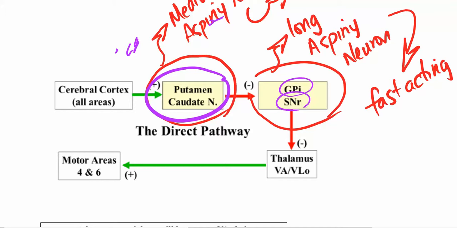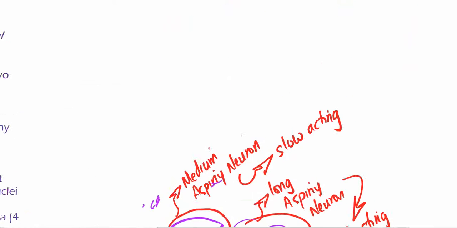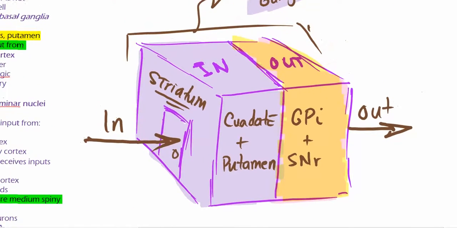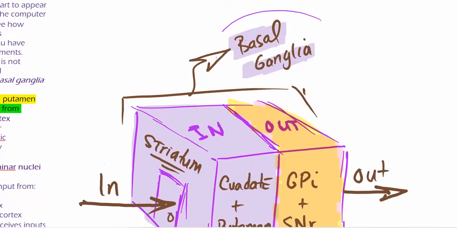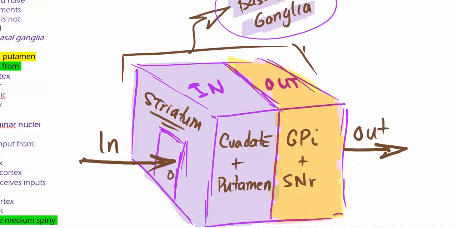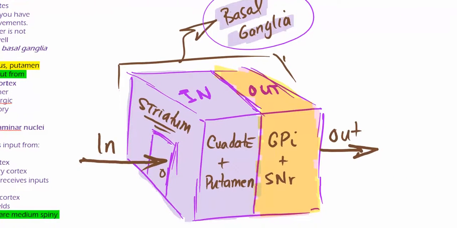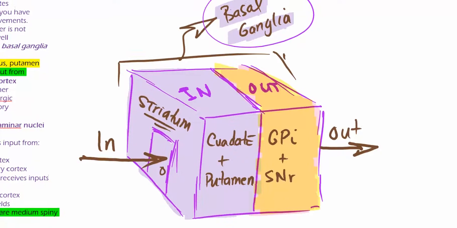GPi is globus pallidus interna, and SNr is substantia nigra reticularis. Okay, so we talked about the striatum, and this is how we're getting into the basal ganglia, right? We're getting into the basal ganglia via the striatum.